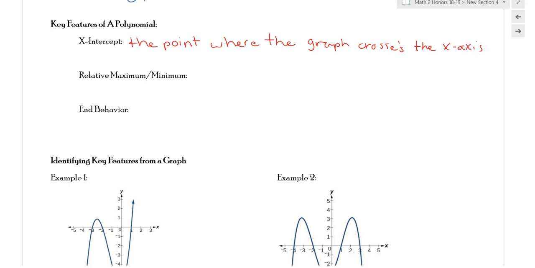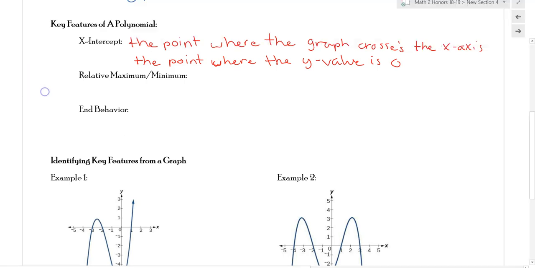It's also a point where the y value is 0. Both of those definitions are important. Because if you're on your x-axis, you haven't moved up or down at all, so your y value is going to be 0 there.